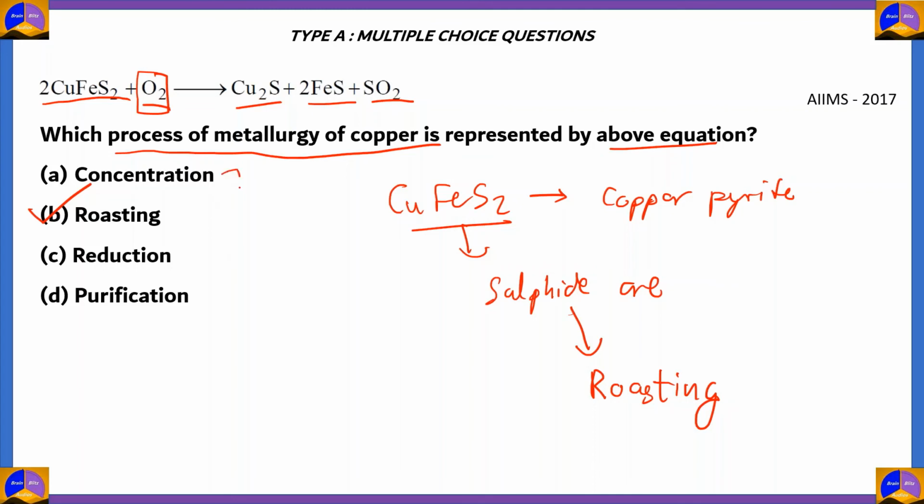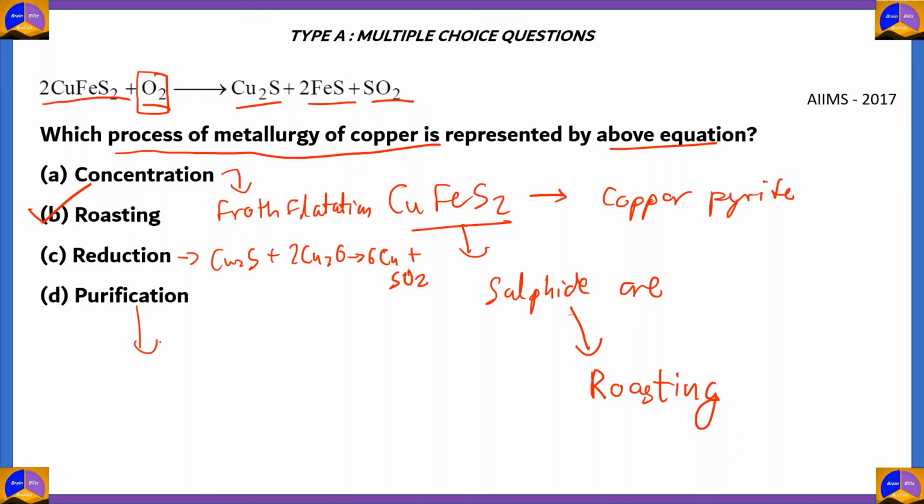In terms of concentration, the process that is used is froth floatation. In terms of reduction, Cu2S reacts with 2Cu2O to give 6 copper plus SO2. Again, this is a process called auto-reduction.